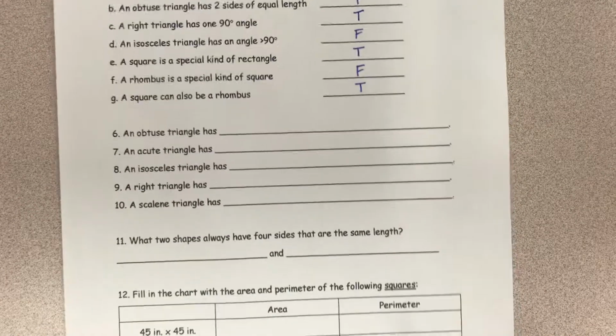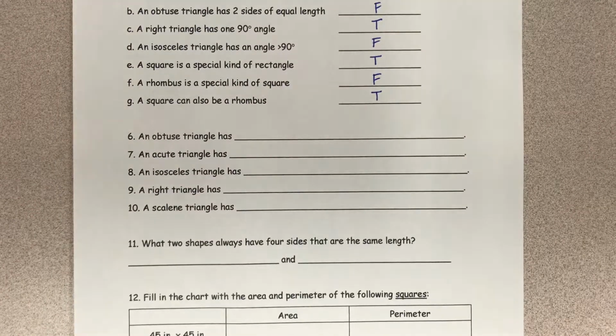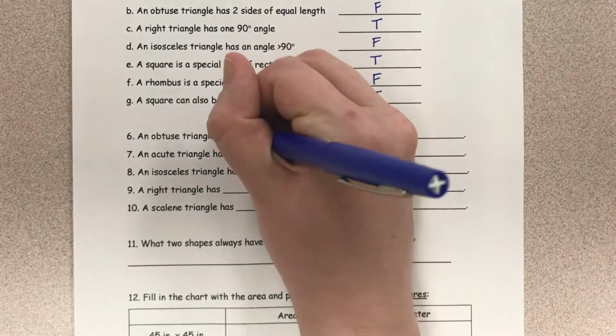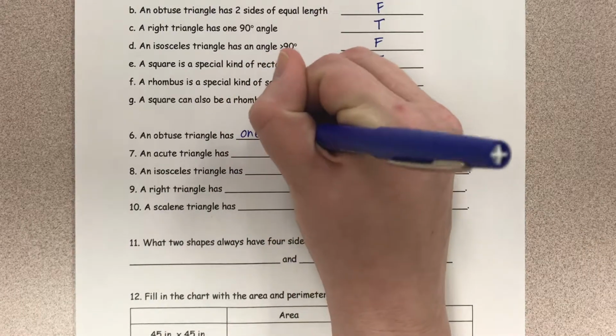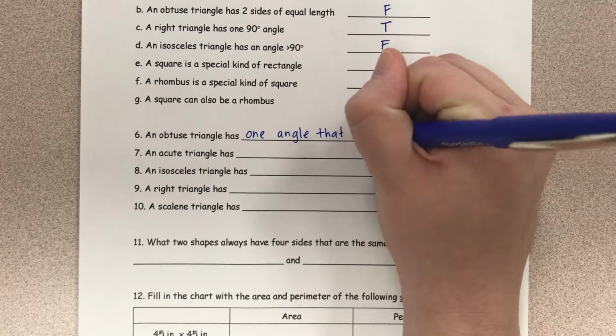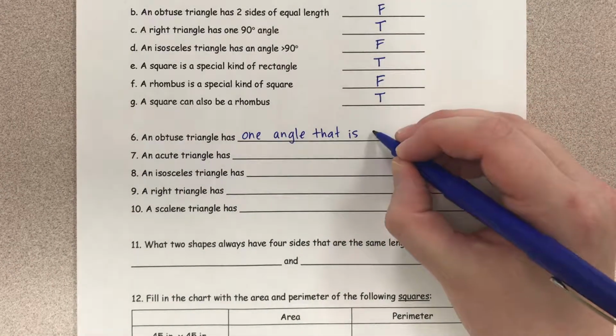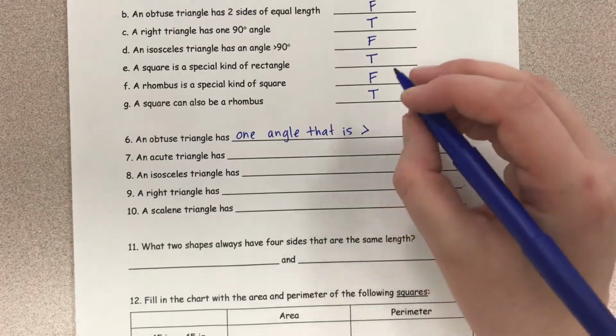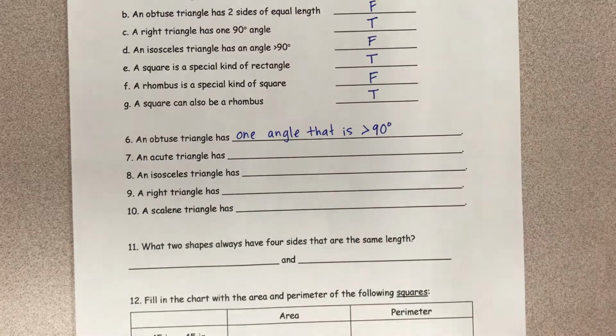Okay, number 6. An obtuse triangle has one angle that is greater than 90 degrees. And I'm going to write it with the sign for greater than 90 degrees.